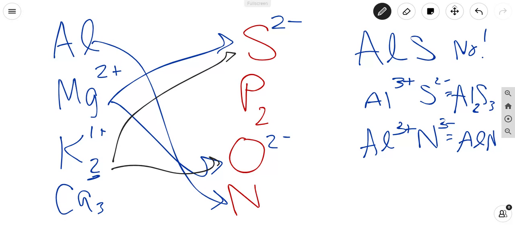So that means that calcium is going to give its charge to something. And by default, I'm looking for something that has a charge of 3 minus, that has a 2 in the subscript. So this is the only one that it works with. If you need to pause that and replay it, you can do that. But that is how you solve and use the forms quiz.